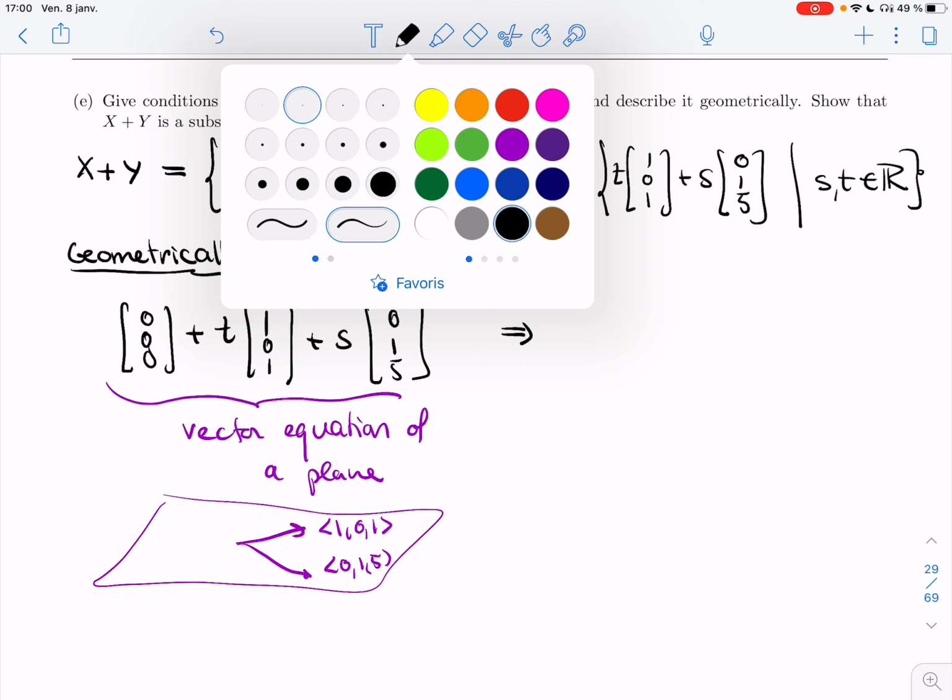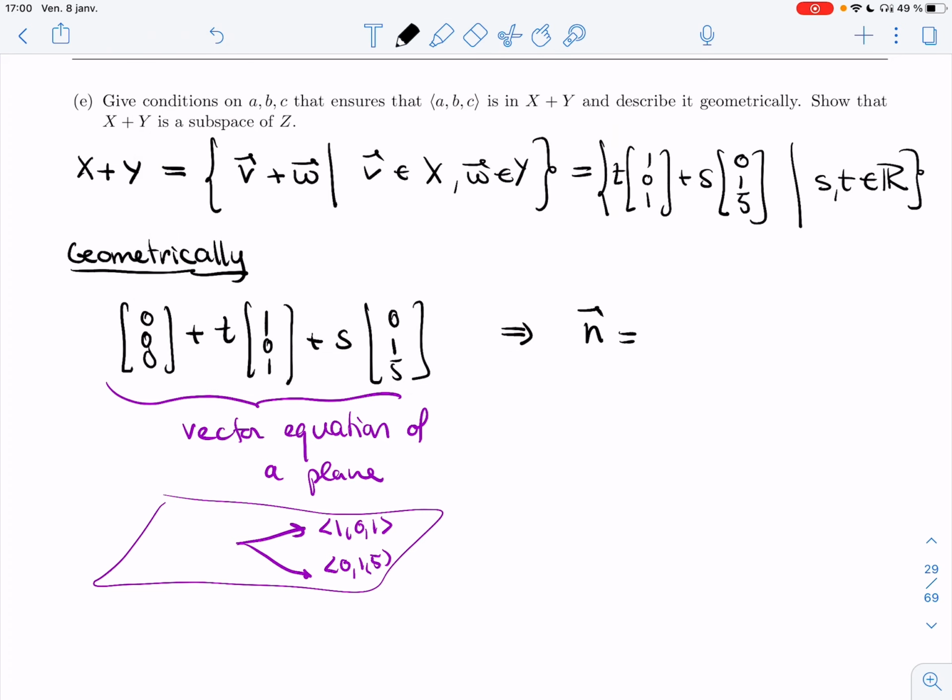And so the normal of that plane, hence the geometry, is the cross product of 1, 0, 1 and 0, 1, 5, which is minus 1, minus 5, 1.